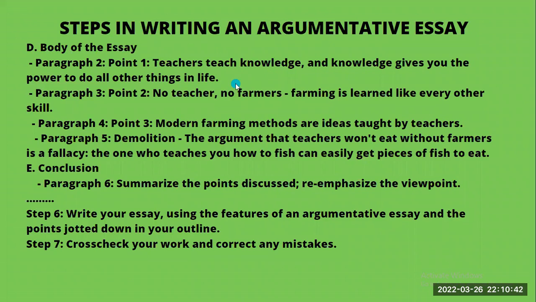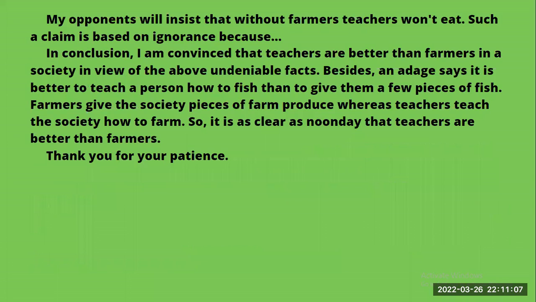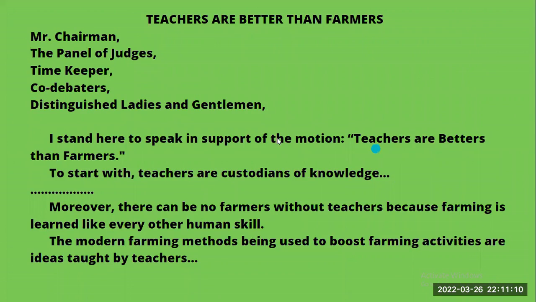Point number 1, teachers are custodians of knowledge, all right? Farmers cannot exist without teachers, and teachers teach modern farming methods, all right? So you can just summarize the points. In other words, after stating that you are here to speak in support of the motion that teachers are better than farmers, then you can go ahead to state your thesis.